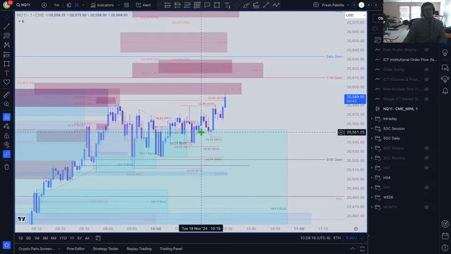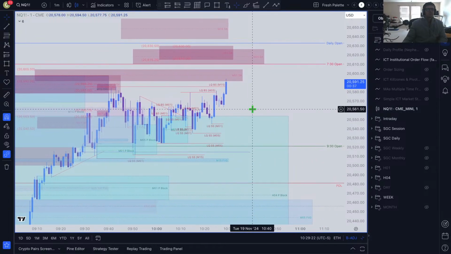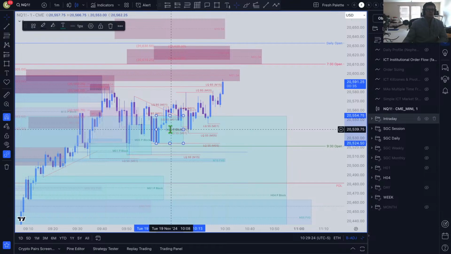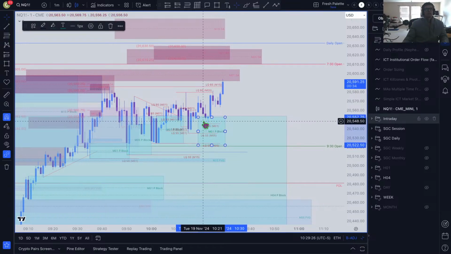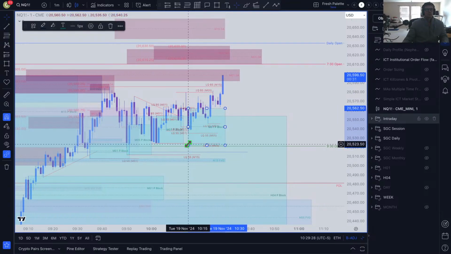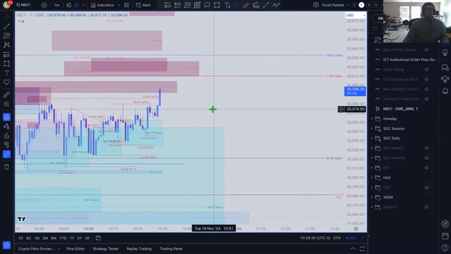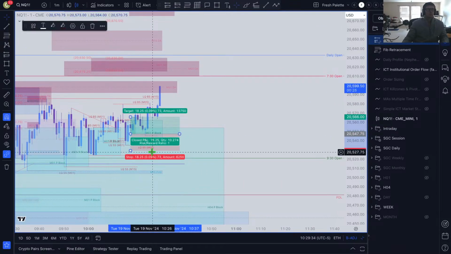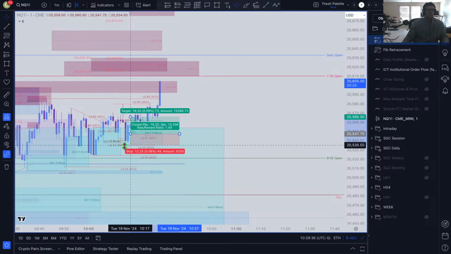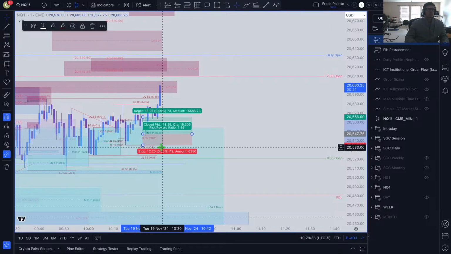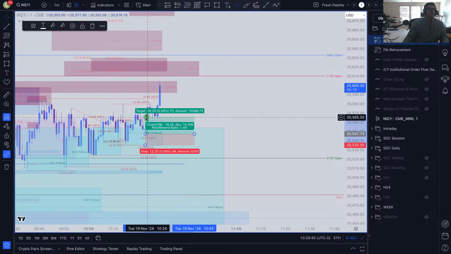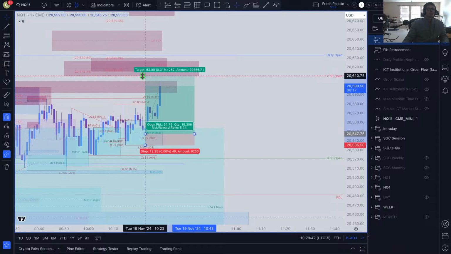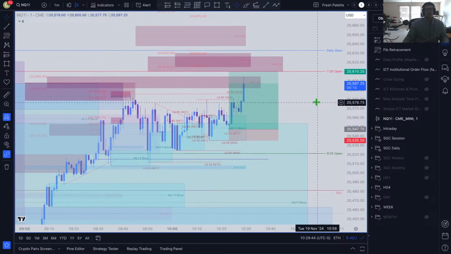You got the engulf here, so arguably that was a trade entry, maybe a sweep of this liquidity. I think that was it. It's a nice 5-to-1 trade to the 7:30 open.